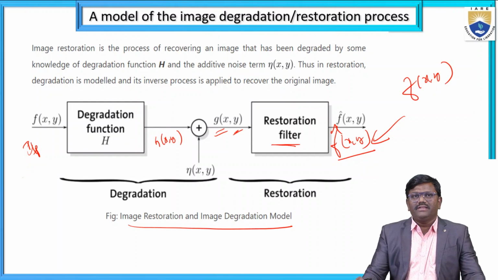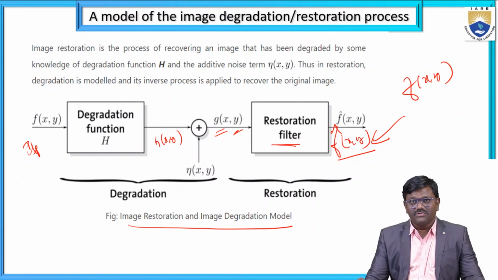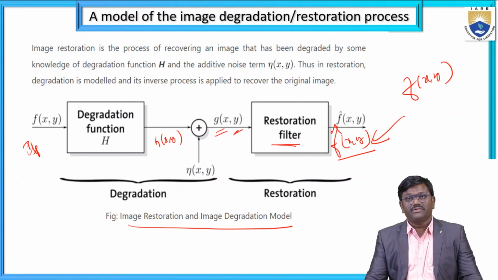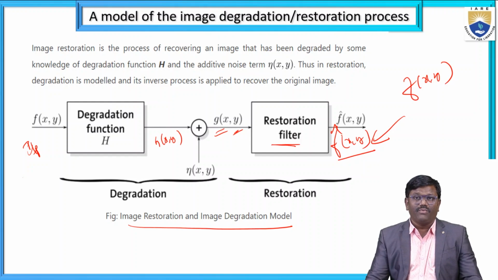So once you understand image restoration with the help of the restoration filter, in detail, image restoration is the process of recovering an image that has been degraded, using some knowledge of the degradation function h and the additive noise term eta of x comma y.